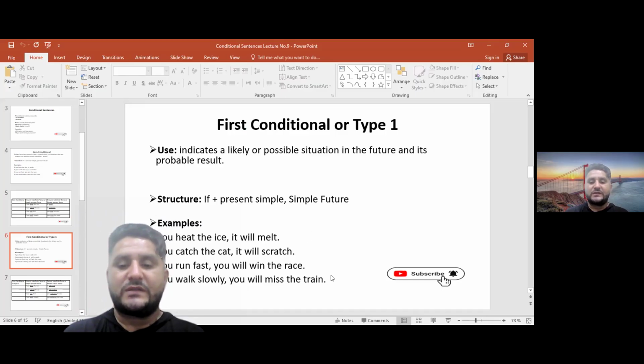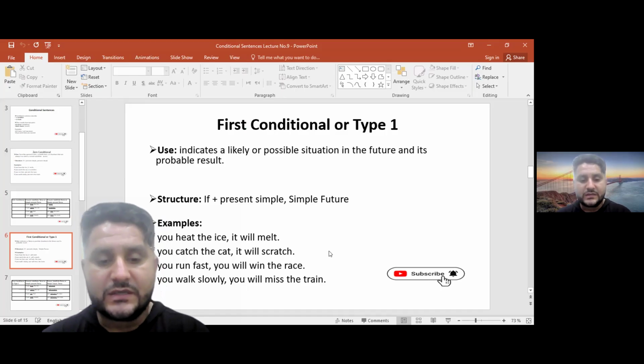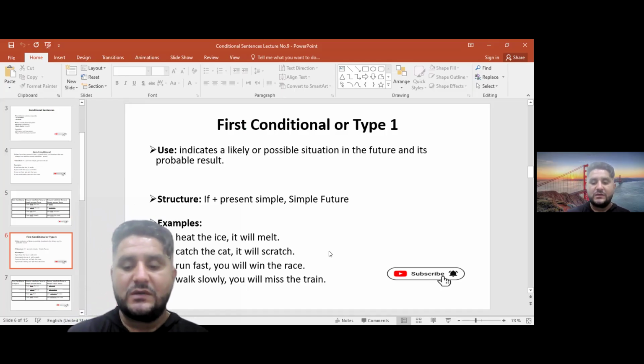Learners, for your clarification and ease, I will use the same examples in different types with different conjugations, because that's easy to understand. If you heat the ice, it will melt. If you catch the cat, it will scratch. If you run fast, you will win the race. If you walk slowly, you will miss the train.